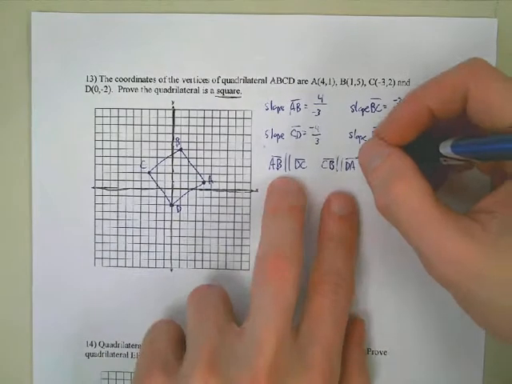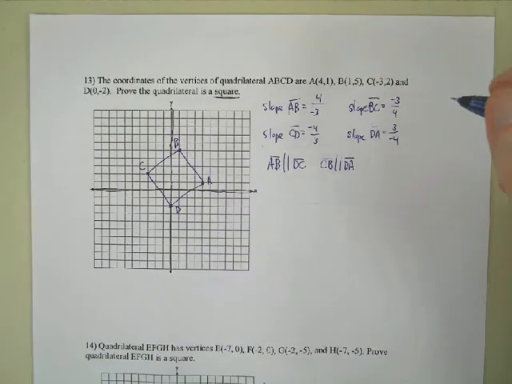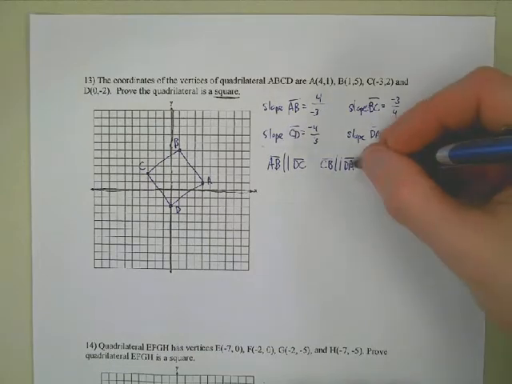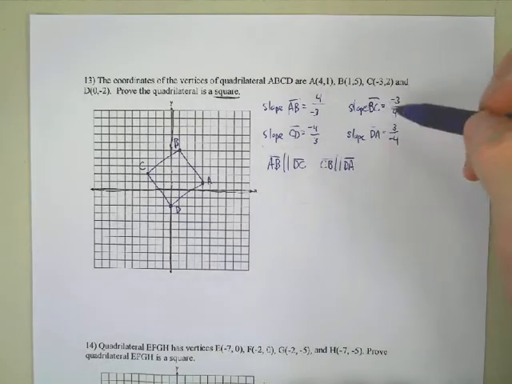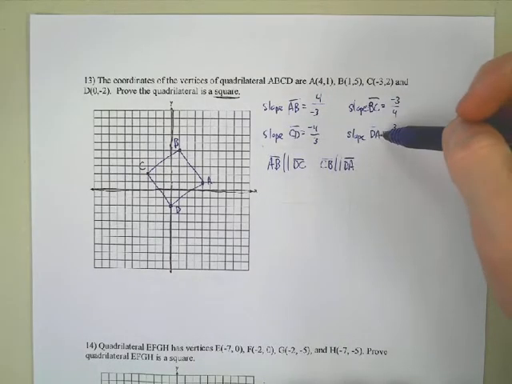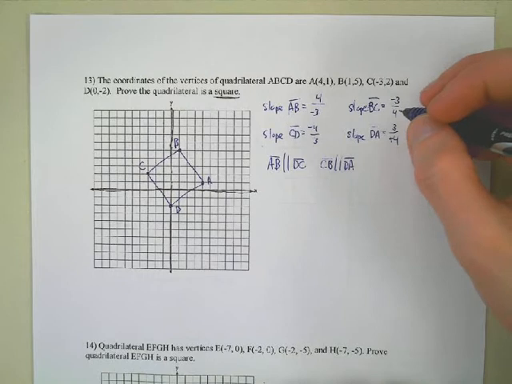Isn't the D on the bottom CD? Right here, CD. No, on the slope. So the slope of CD and then slope of DA. Whoops, there should be 3 and +4 there. And then BC should be negative.